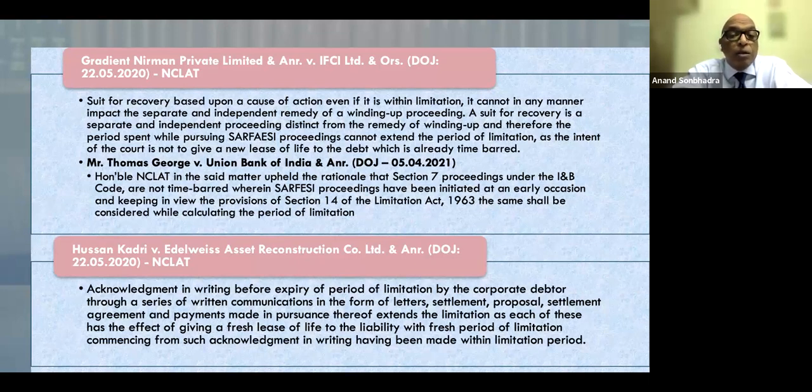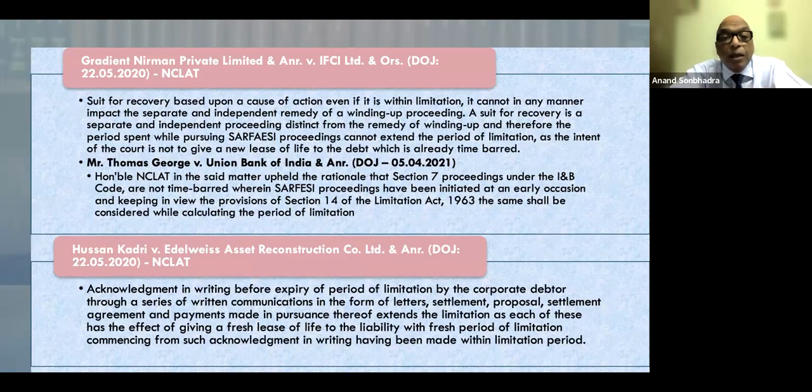Let's look at the other one, Mr. Thomas George versus Union of India. The Honorable NCLAT in this said matter upheld the rationale that Section 7 proceedings under the IBC are not time barred, wherein SARFAESI proceeding has been initiated at an early occasion, and keeping in view the provision of Section 14 of the Limitation Act.